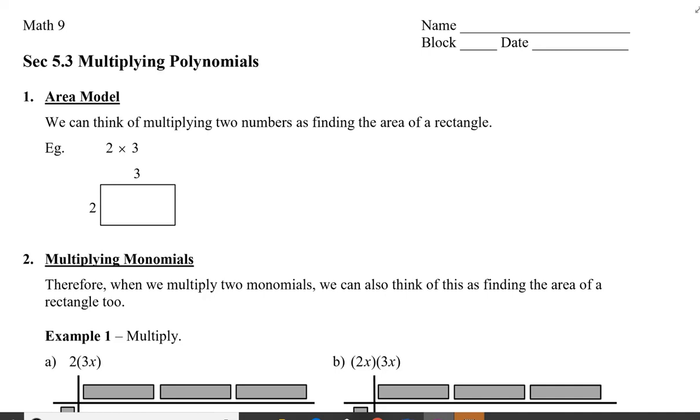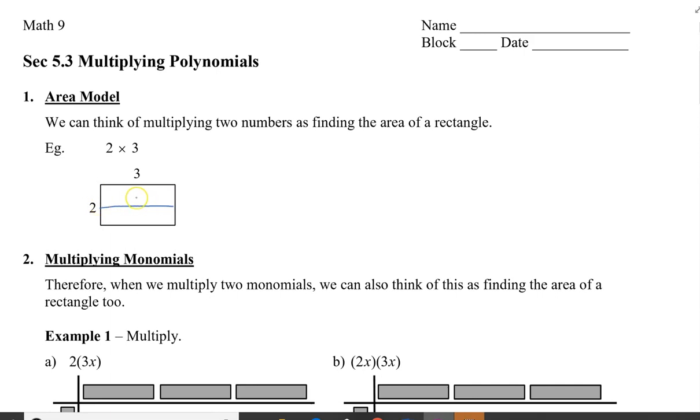Now, to start us off, let's think of an area. We can think of multiplying two numbers as actually finding the area of a rectangle. For example, let's say we are multiplying 2 times 3. On the left side here, we have 2. On the top, we have the length of 3. So we can think of this as splitting this rectangle up.